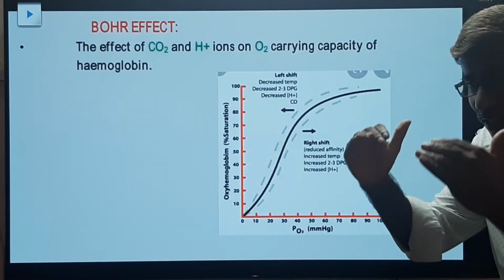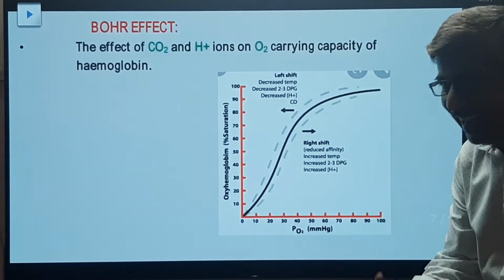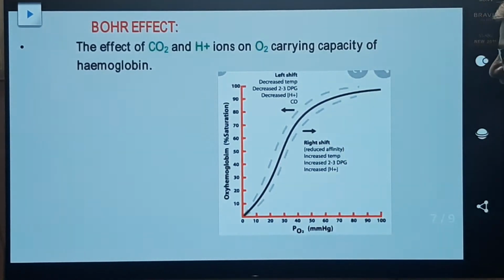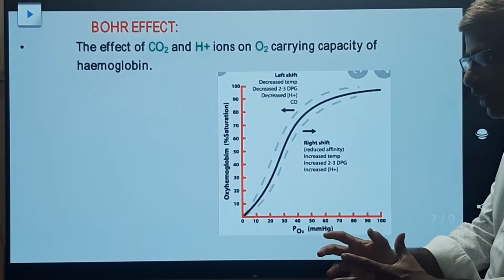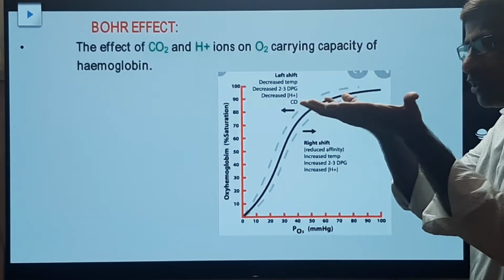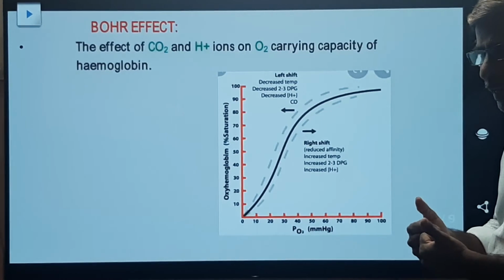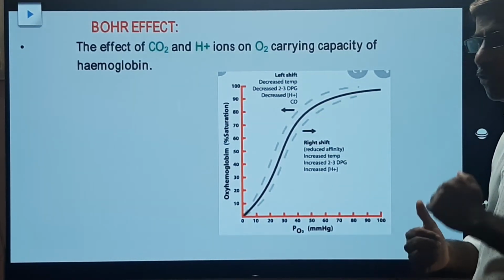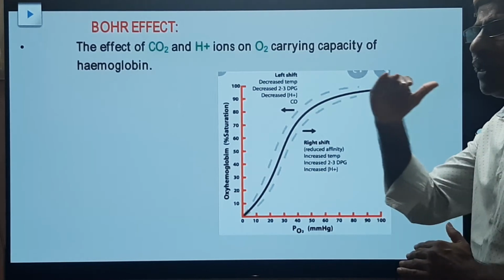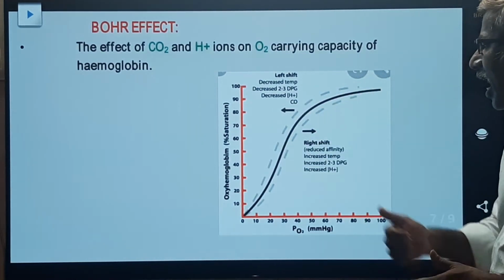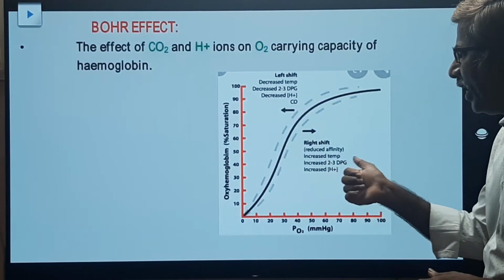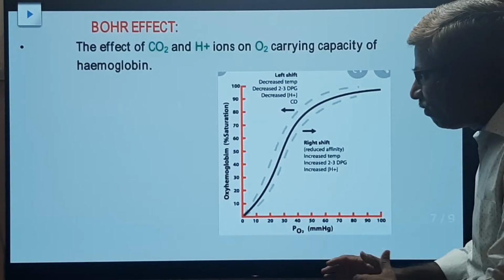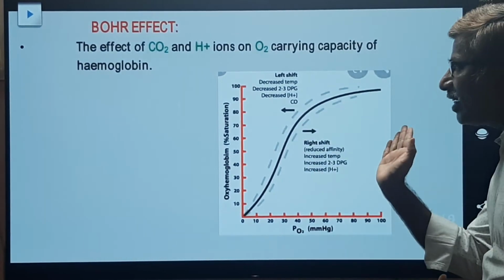Means the saturation levels are declined in certain conditions. What are those conditions? High partial pressure of carbon dioxide, high temperature, low pH values, high H plus ion concentration, as well as increased 2,3 DPG, shifting the curve towards the right side.